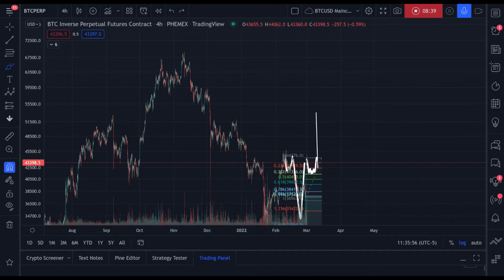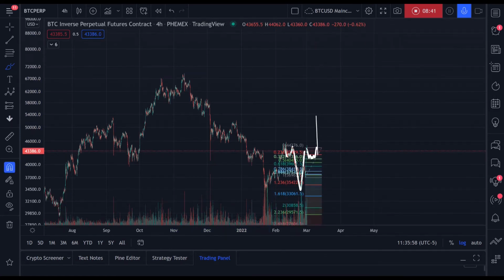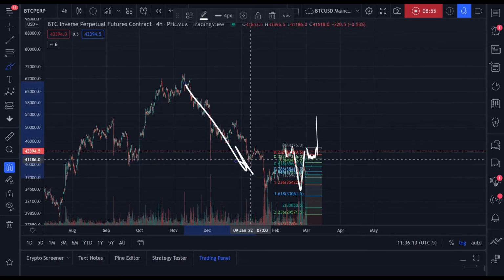And how? Basically, we know that in Elliott wave theory, any impulse to the downside, or to the upside, comes in 5 waves, right? So if this is indeed an impulse to the downside, this is wave 1 of 5.